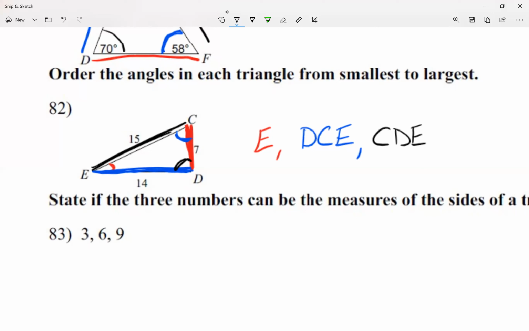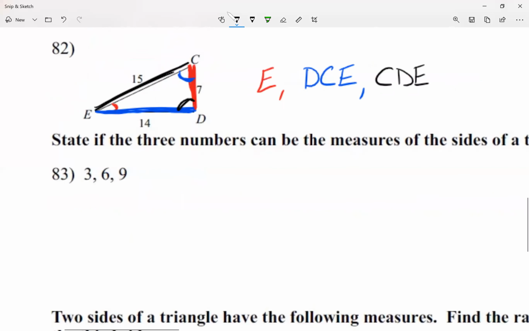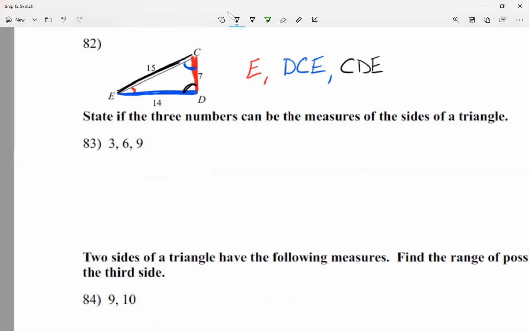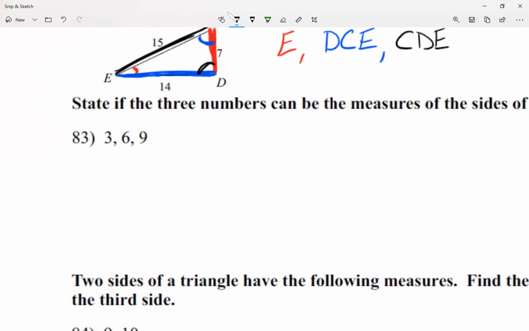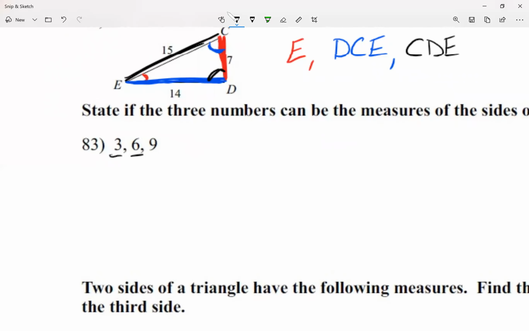All right, now let's take a look at number 83. State if the 3 numbers can be the measures of the sides of a triangle. So I gave you 3 sides. Identify the 2 small numbers. In this case, 3 and 6. Add the 2 small numbers. 3 plus 6.